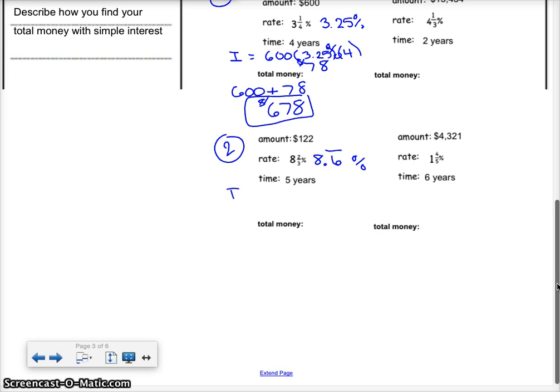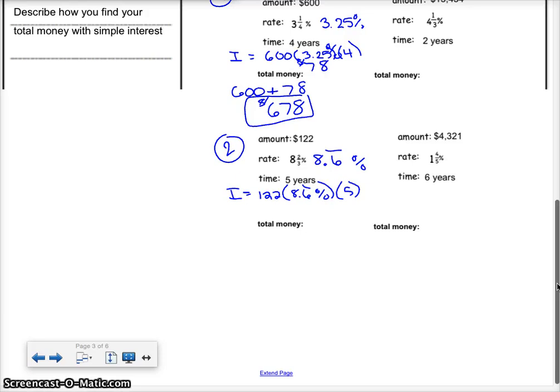My interest is equal to P, 122, times R, 8.6 repeating percent, times T, 5. Now you don't have a repeating decimal, but you sure can push a bunch of 6s all by yourself. I don't know how many you want to push, just push a bunch.